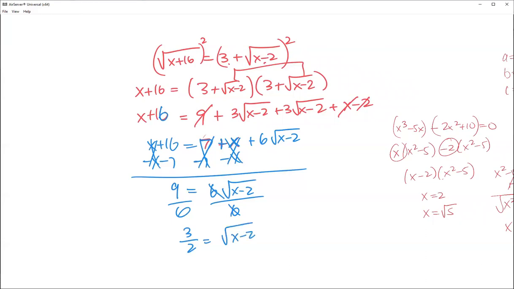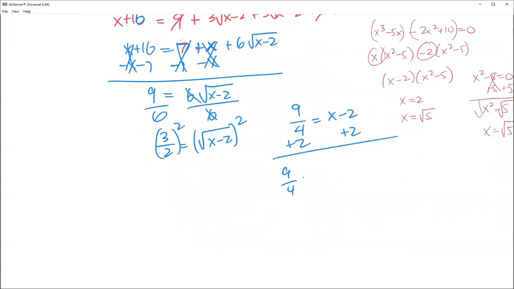Square both sides here, so it'll be 9 over 4 is equal to x minus 2. Add the 2 to both sides here, so it'll be 9 over 4 plus 8 over 4. So it'll be 17 over 4 is the answer.